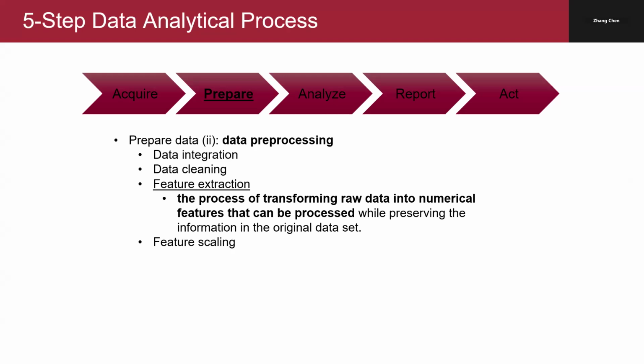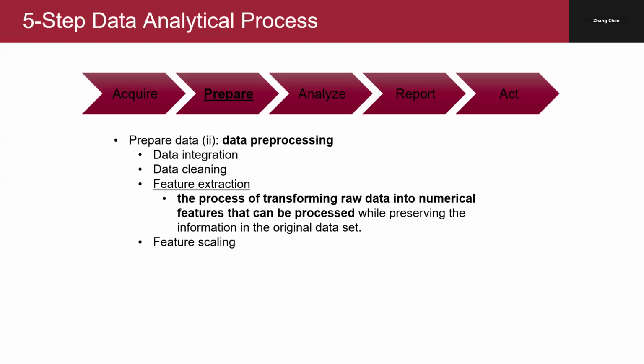The goal here is not to keep all the raw data details, but to keep the most useful information for analysis or prediction. Good feature extraction often has a huge impact on modeling performance, sometimes even more than the choice of the learning algorithm itself.